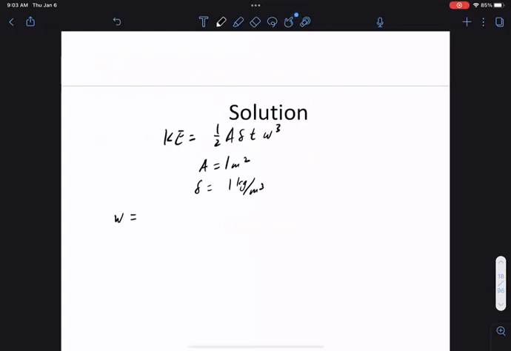Let's say for 4 meters per second, the kinetic energy is half times 1 times 5 hours times 4 cubed, in kilowatt hours.